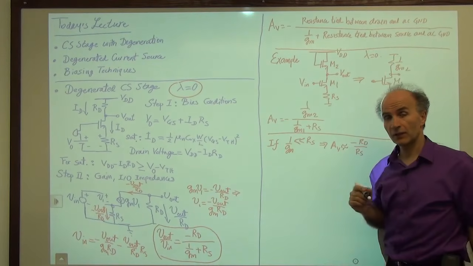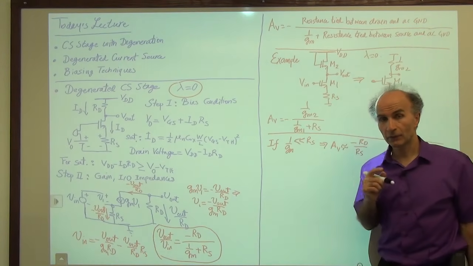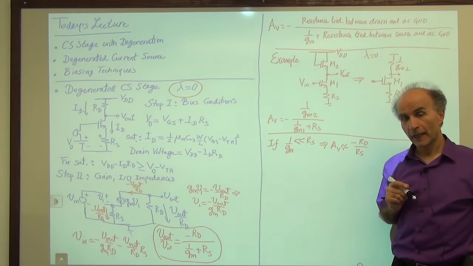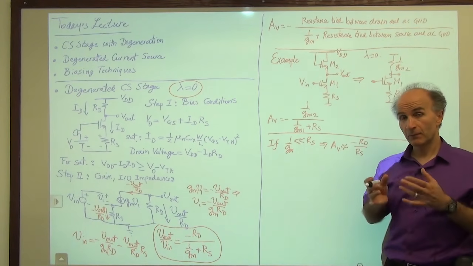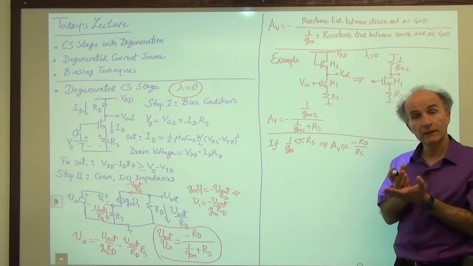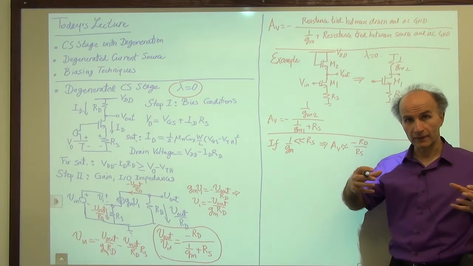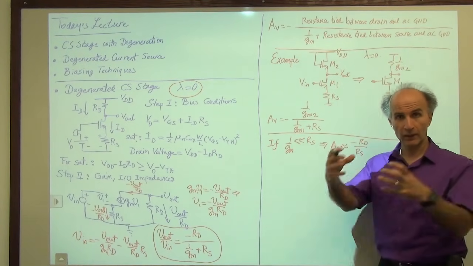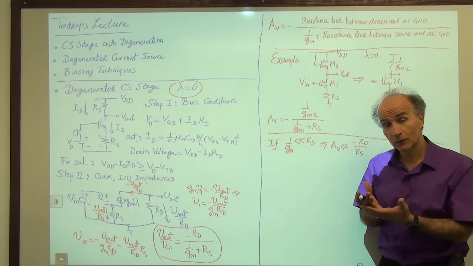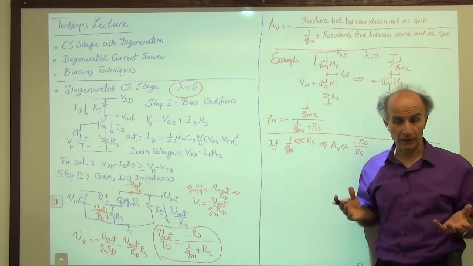This is a beautiful relation because the voltage gain is the ratio of two resistors. And when you have two resistors built on the same wafer, the ratio is very well defined because it's just given by the geometries of the two devices. Even from one wafer to another wafer, the ratio of the two resistors changes very little. Similarly with temperature or anything else.